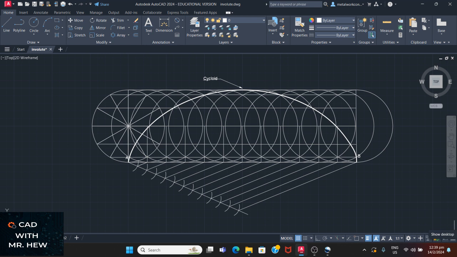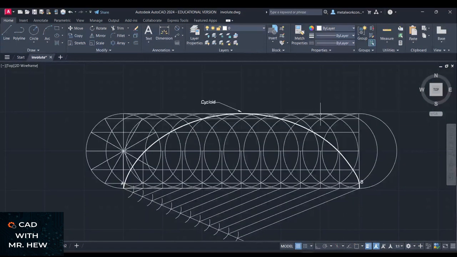Good job. So here is our cycloid. Here is our completed drawing.